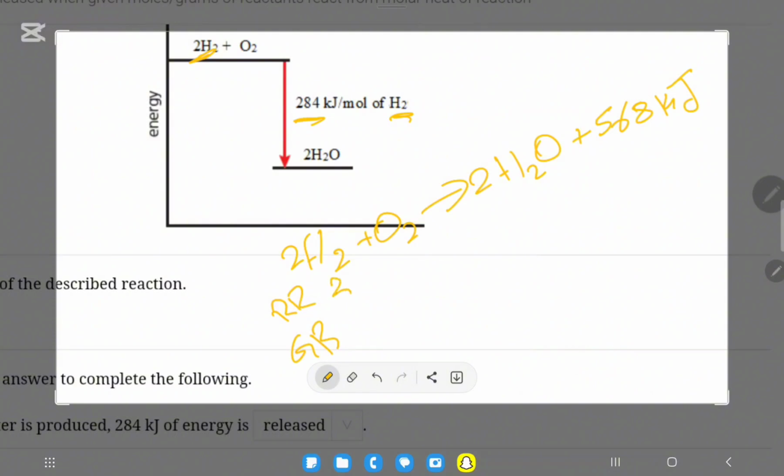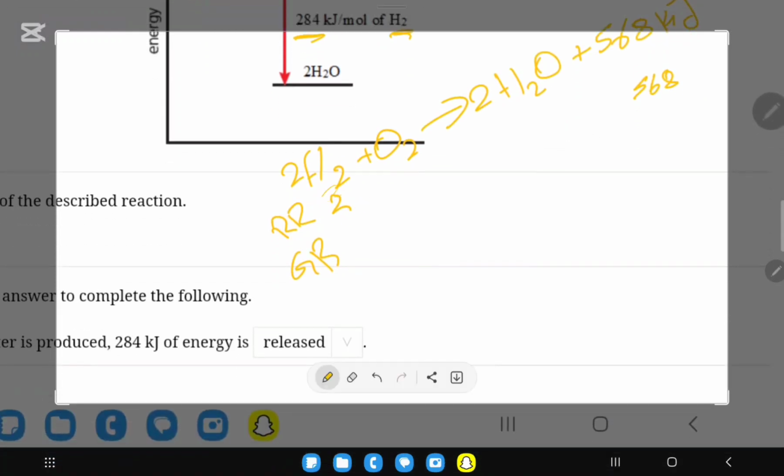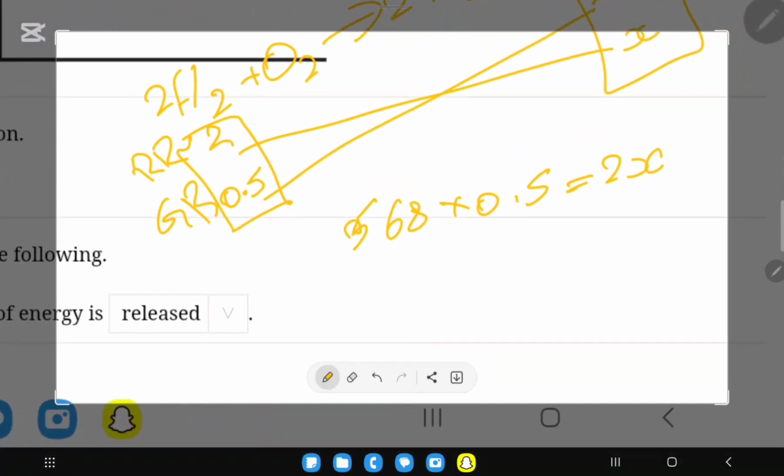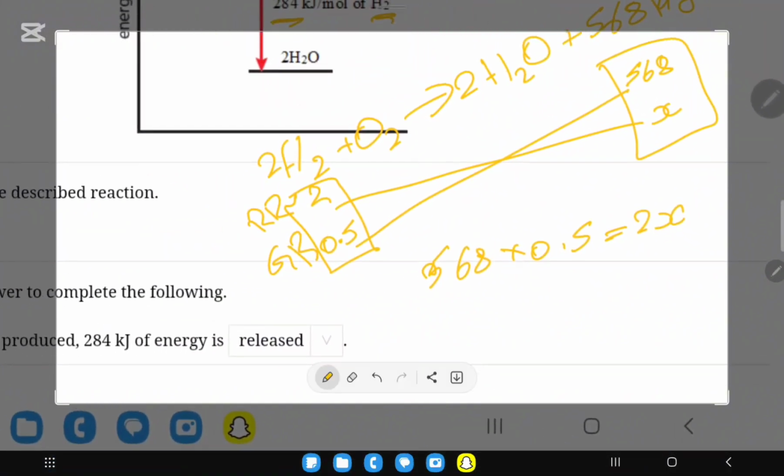For RR, we do RRGR. RR for H2 is 2. For kilojoules, it's for energy, it's 568. These two need to be the same unit. The other one can be another unit, it's okay. For GR we have 0.5 and we have X. You cross multiply. 568 times 0.5 equals 2X. 568 times 0.5 is 284 equals 2X.